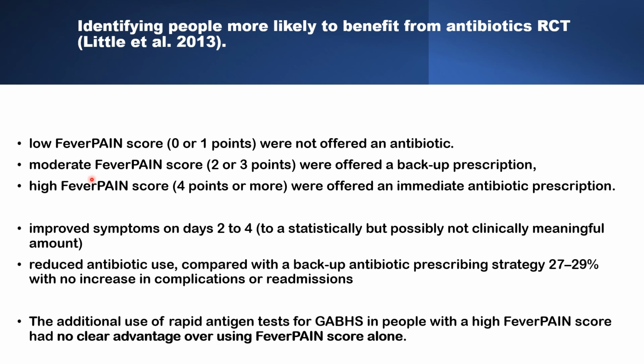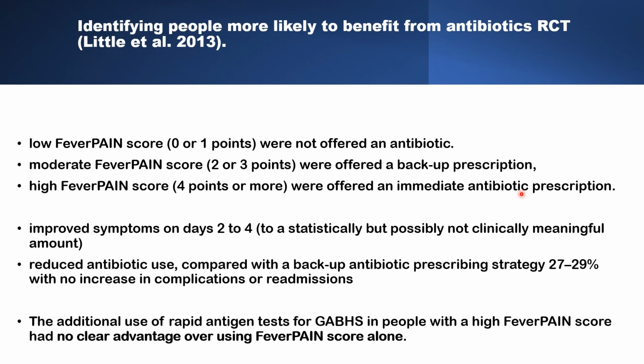If there is a moderate risk with FeverPAIN score 2 or 3, then the patient will be provided with a backup prescription, not for immediate use, but to be used if his condition is not getting any better or is getting worse. And with a high risk, patients with score 4 or 5, they will be given an immediate prescription for antibiotics.